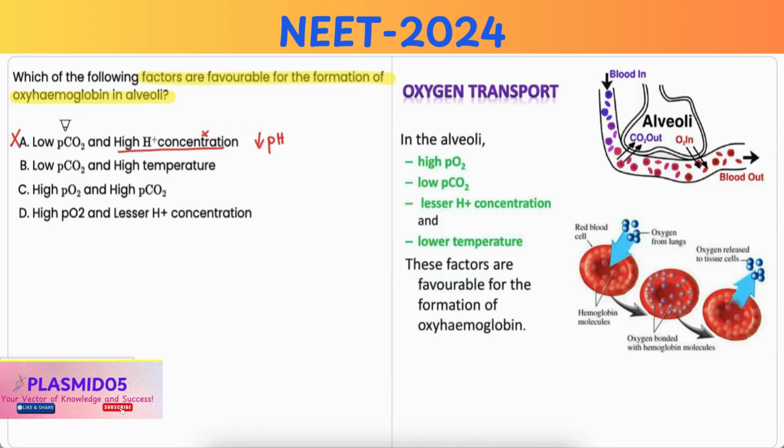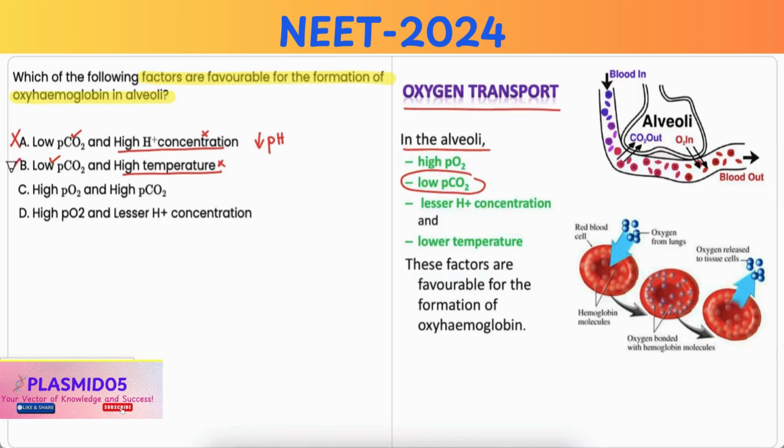Option B, low partial pressure of carbon dioxide and high temperature. While low partial pressure of carbon dioxide is favorable for oxygen binding, high temperature tends to decrease the affinity of hemoglobin for oxygen. So, oxygen is released.